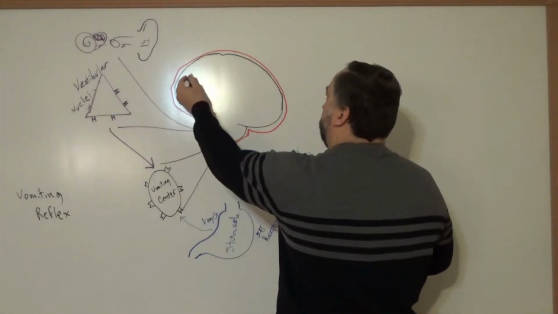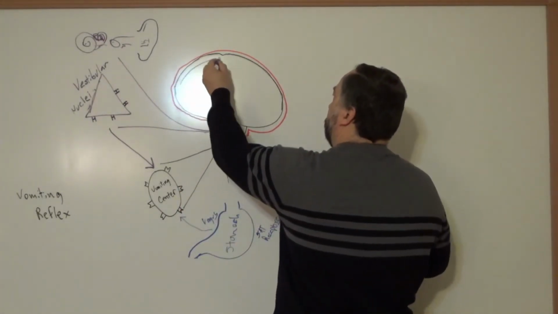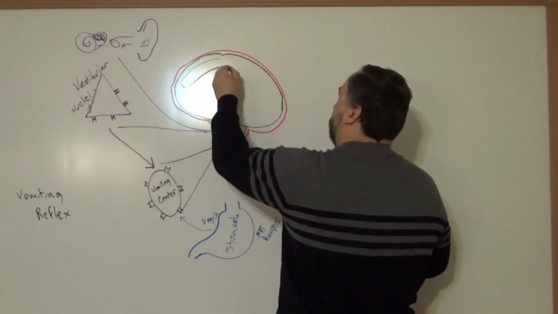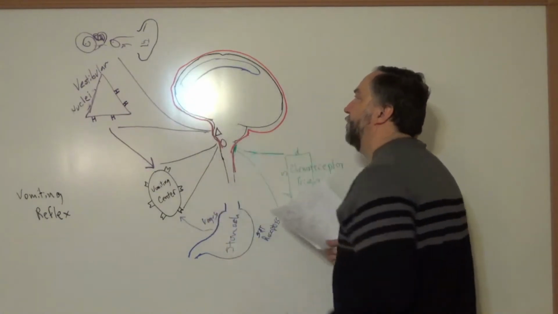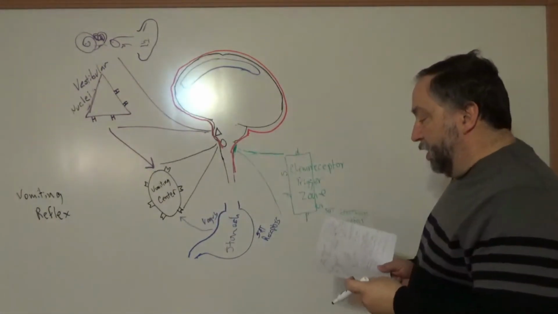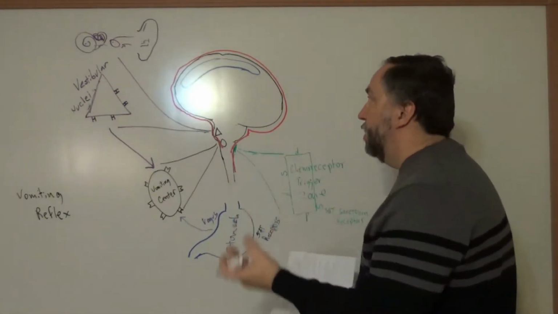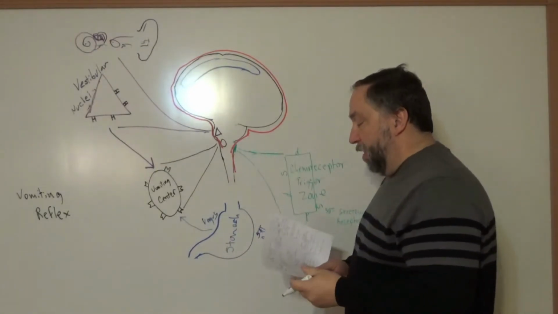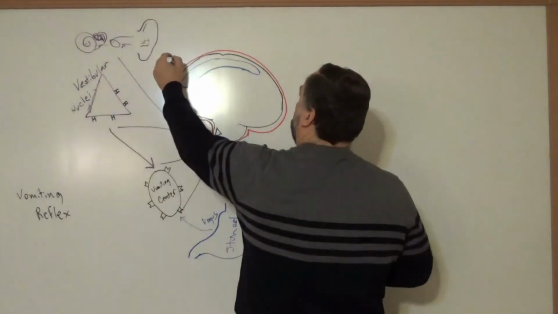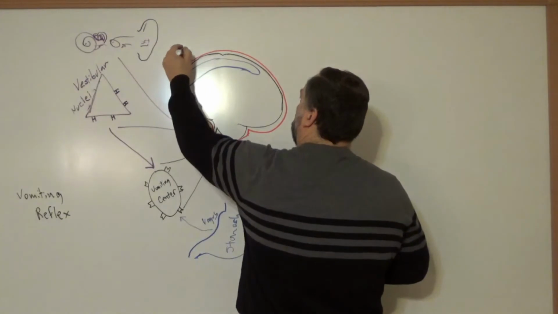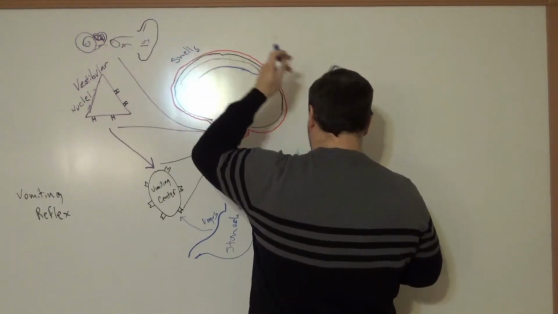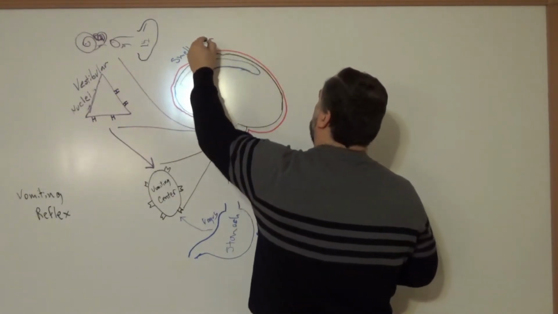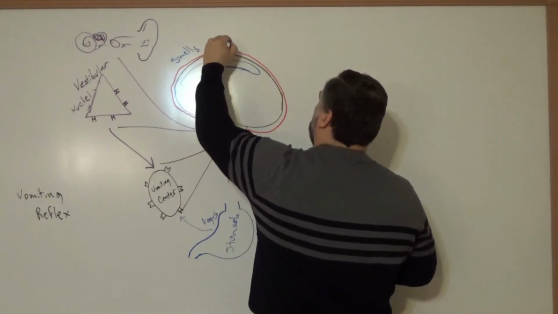And that is up here where we think. Right? We do our thinking out in the cerebral cortex, higher areas of the brain, and up there we can actually initiate vomiting by things like smells, sight, really ugly things.